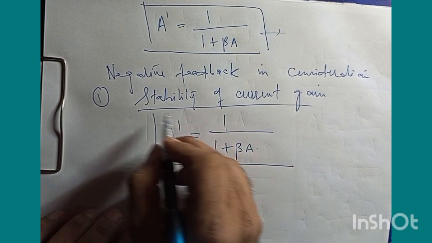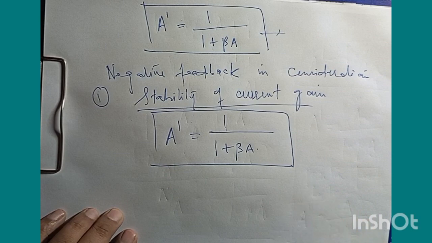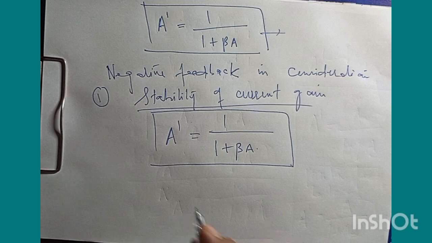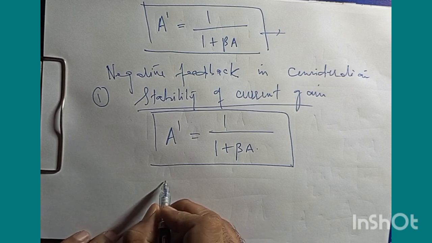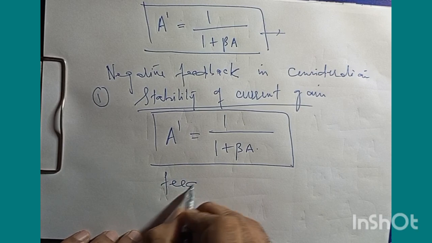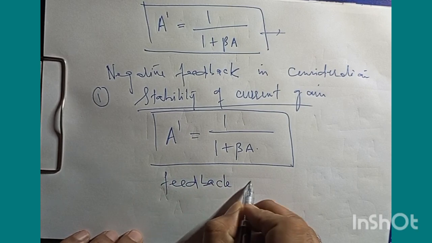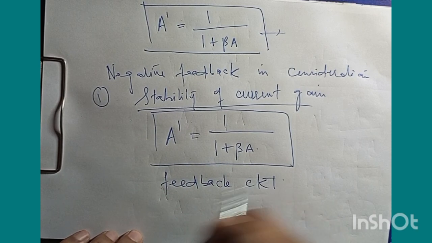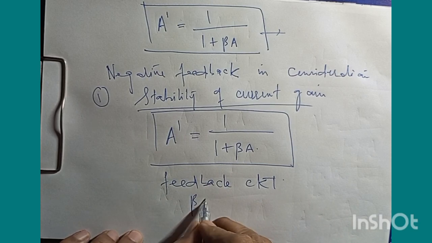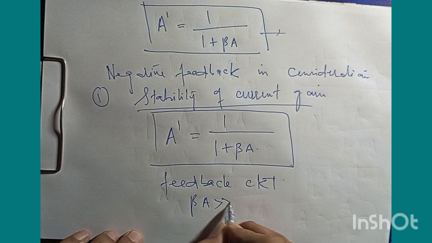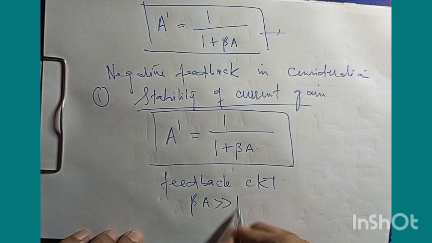When we do that, we can make an approximation here, like that the feedback circuit that we make use of in case of negative feedback, we'll design it in such a way that this beta A is very much greater than 1.